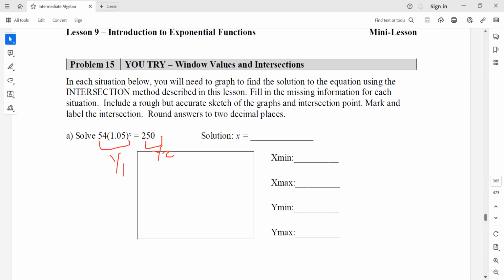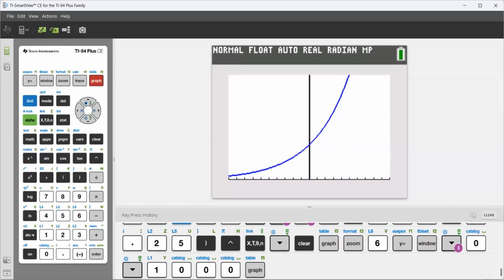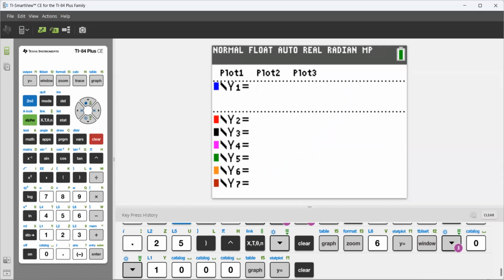So let's go to the calculator. You go to y equals, you're going to erase. Now, y1 is 54 times 1.05 to the power x.